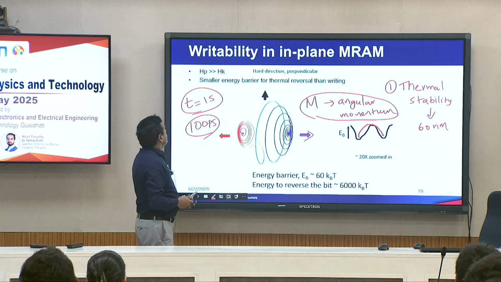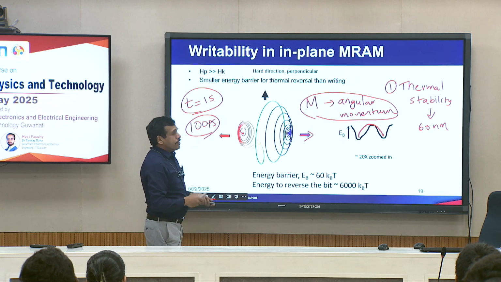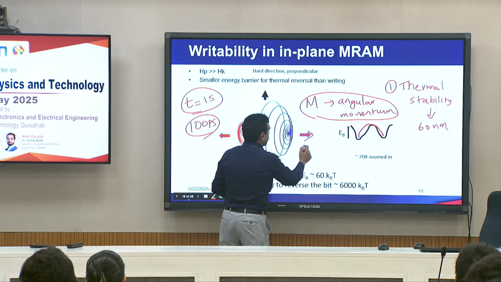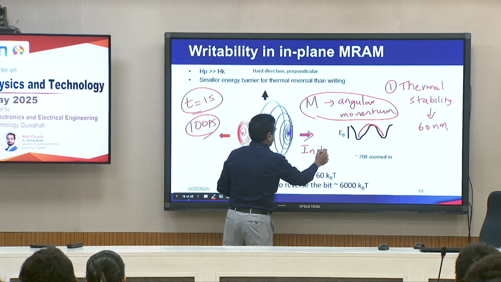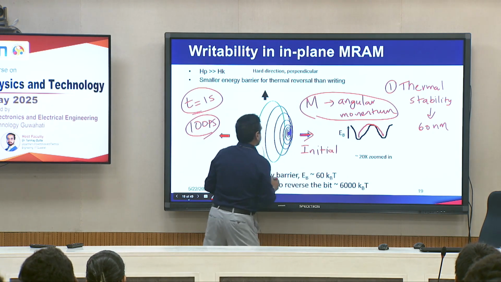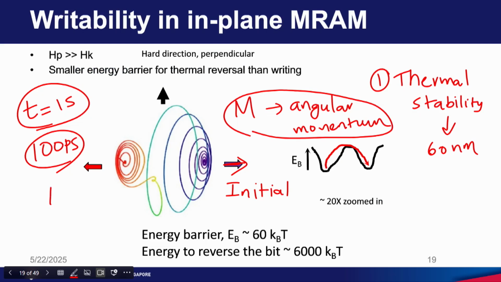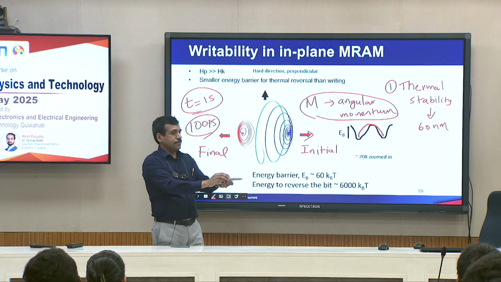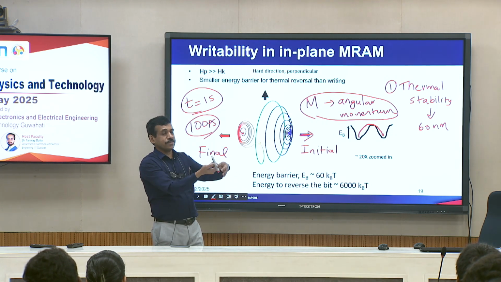Now, let us take in plane MRAM. Let us say this is the initial magnetization direction. This is the final magnetization direction. During the switching, you see the path of magnetization. At one point of time magnetization is like this, then precesses, at some point of time it is precessing like this.